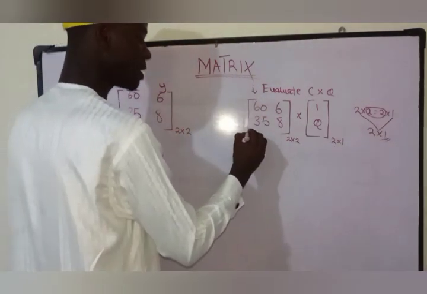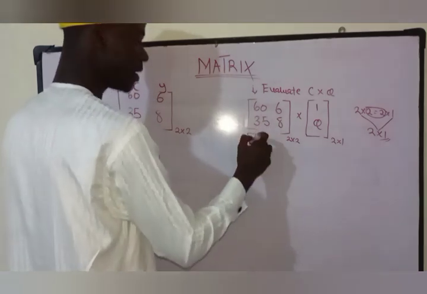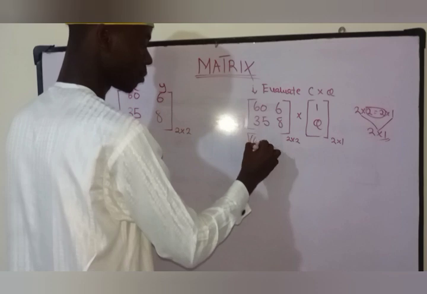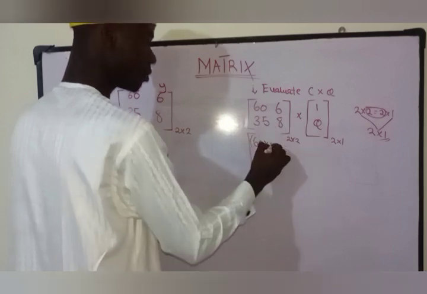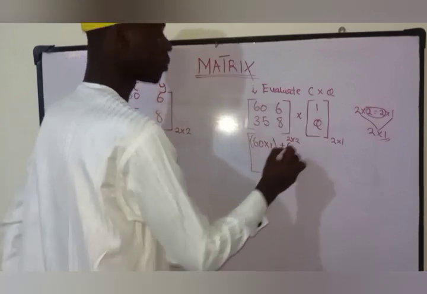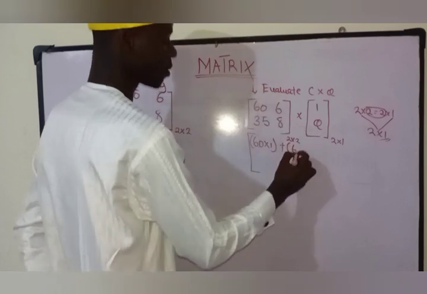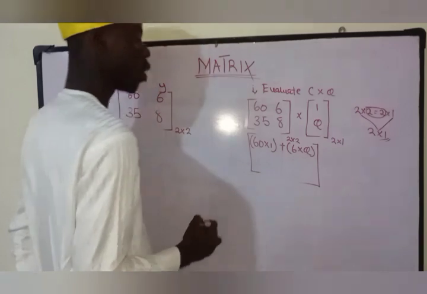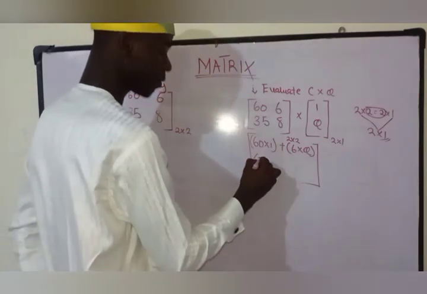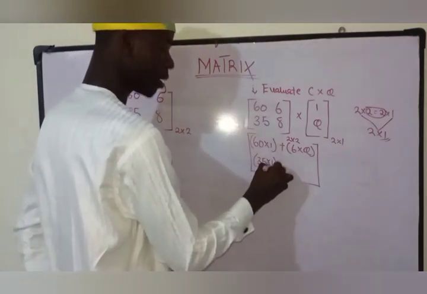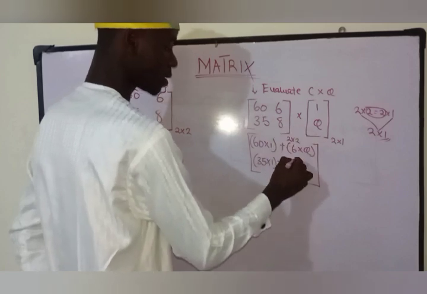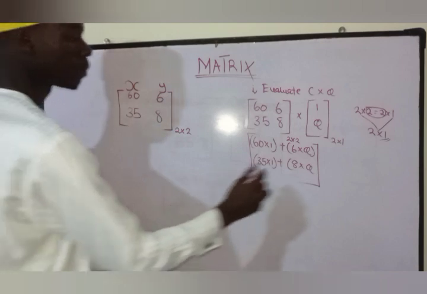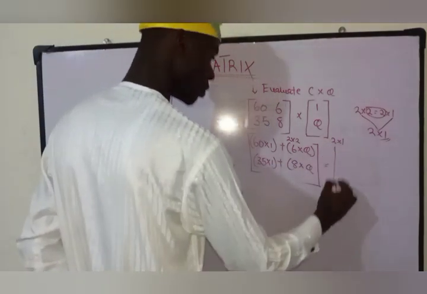So let's multiply by saying the row multiplied by the column. 60 multiplied by 1 plus open bracket 6 multiplied by Q. Okay? 35 multiplied by 1 plus 8 multiplied by Q.